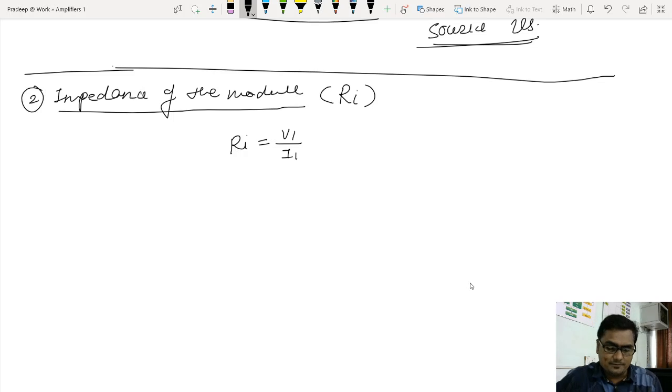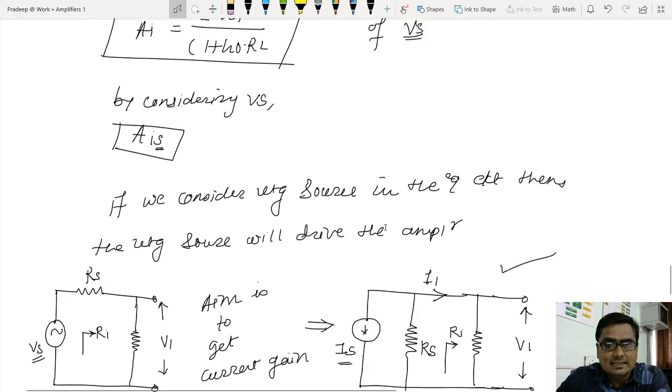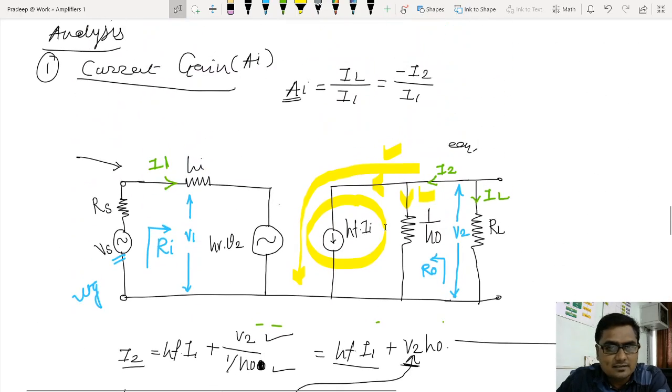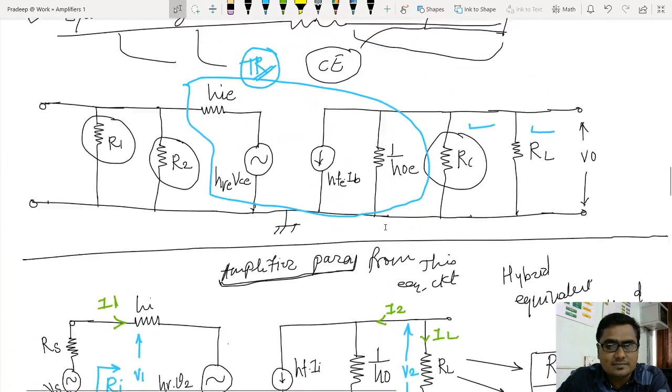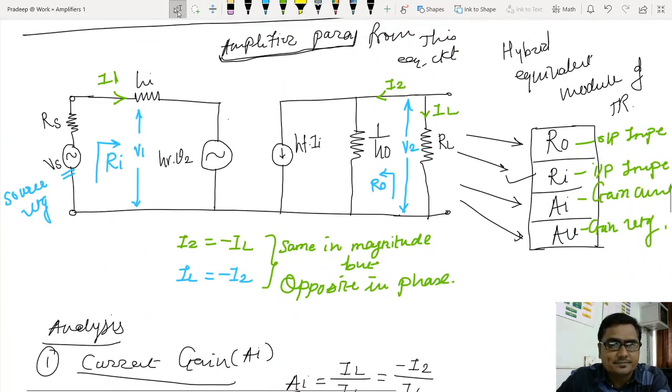Now from the input part of which circuit? Let me show you. From the input part of this circuit, let me copy and paste the same circuit again. Okay, this is not the actual one, it is messed up. Okay, let me take that one.